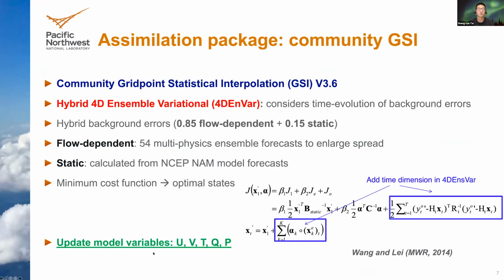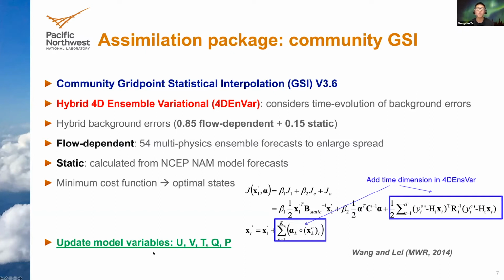Okay, so talking about the assimilation package we are using, which is the community GSI, the full name is the Grid Point Statistical Interpolation. There are several assimilation techniques that can be adopted in this package, and we are using the hybrid four-dimensional ensemble variational method because it considers time evolution of background error, which was proven to be useful to assimilate high temporal resolution data.